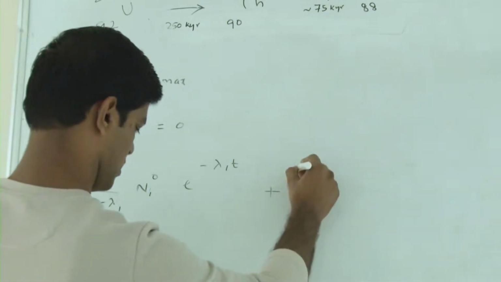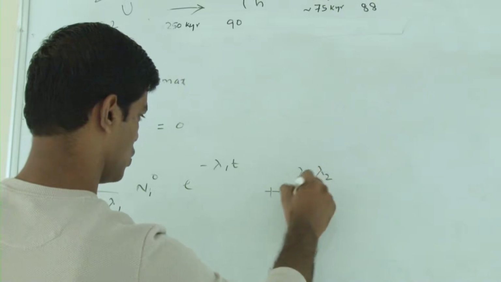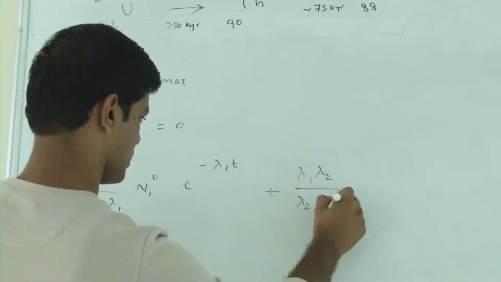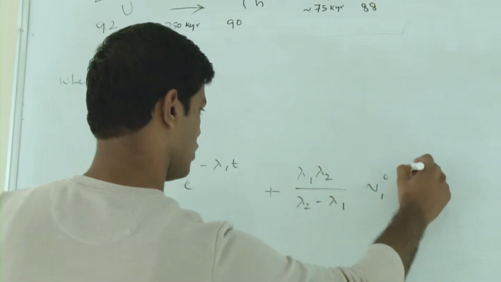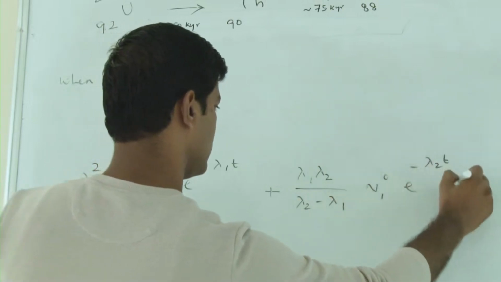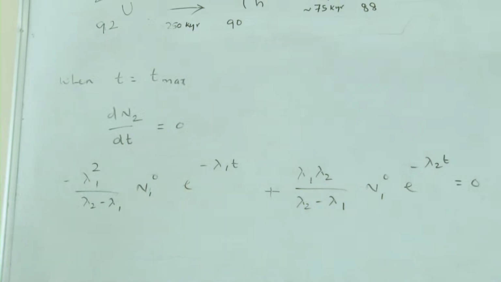So, this can be plus lambda 2 squared, e to the power minus lambda 2 t, that should be 0.